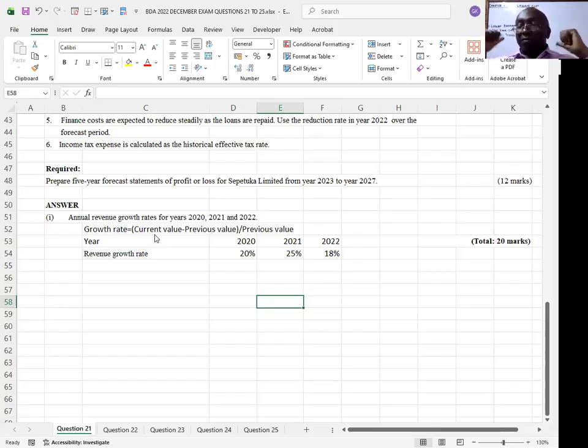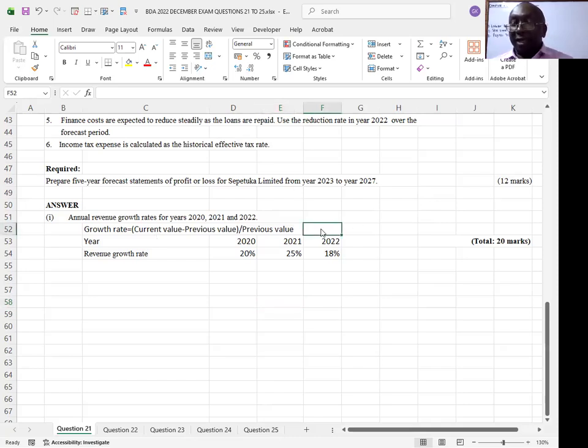So you compare with the previous year. That's the key concept. If you want to know the growth that has taken place in 2020, you will have to get the values of 2020, compare with the values of 2019.